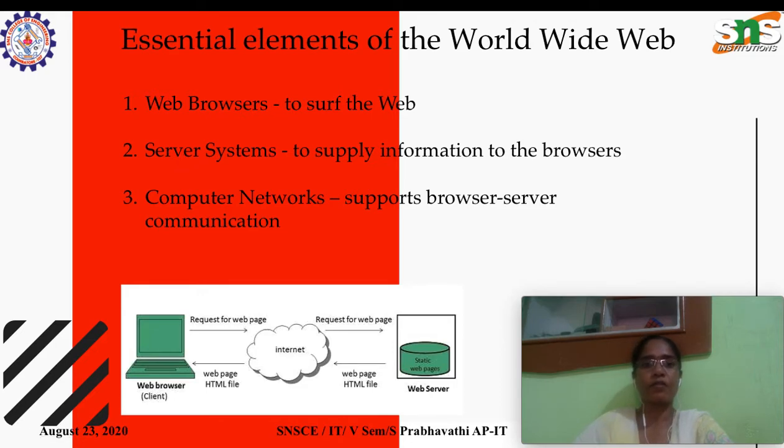The server will be sitting somewhere else, and we may not be able to know where. So the basic essential element of the web is a web browser, meaning Chrome, Safari, Mozilla Firefox. Many browsers are there, and they are in our computer system, laptop, or any gadget. Those are the client systems. A client system just sends a request; it doesn't provide any information.